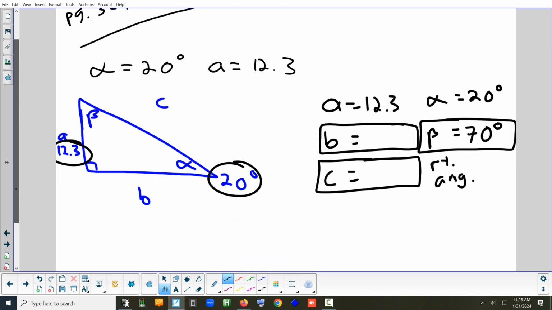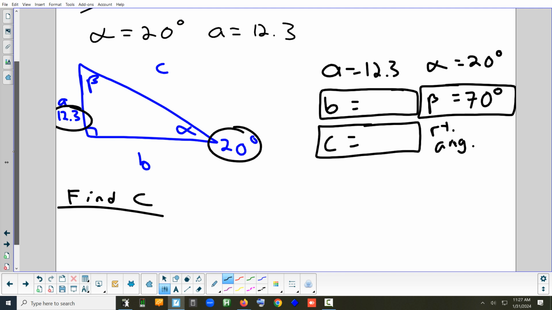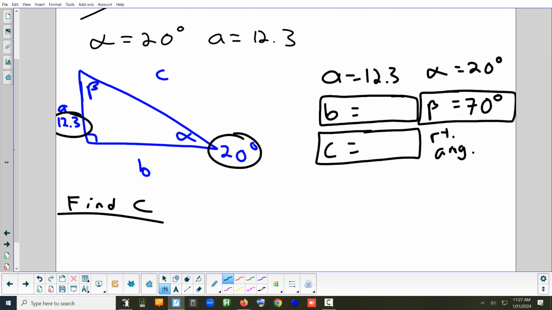All right. Now, let's do C first, just to show you it doesn't matter what order you do it in. Now you need to know the positions of the different sides. Everything is from the 20. So what's side A?